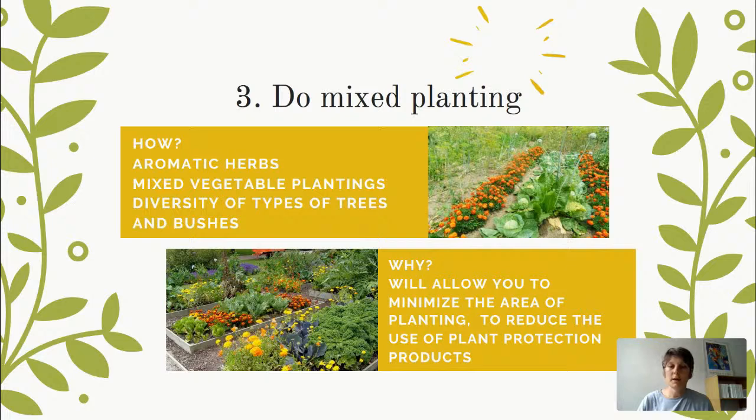For example, some are attracted to the smell of cabbage, and some other pests to the smell of beets and carrots and so on. So if you use this mix of plants in your beds, it's very difficult for them to find the next plant and go there. And that's how we can stop them from spreading around.